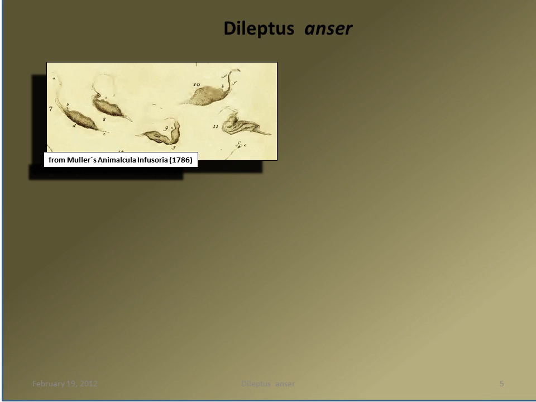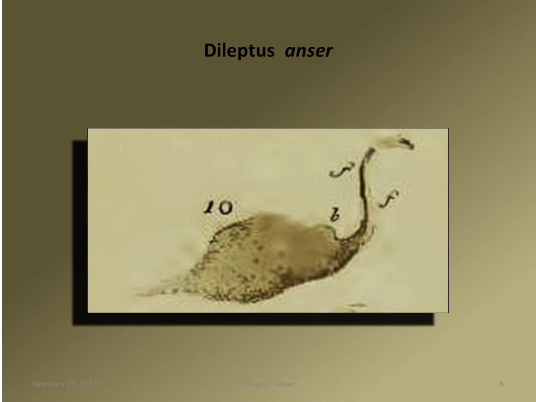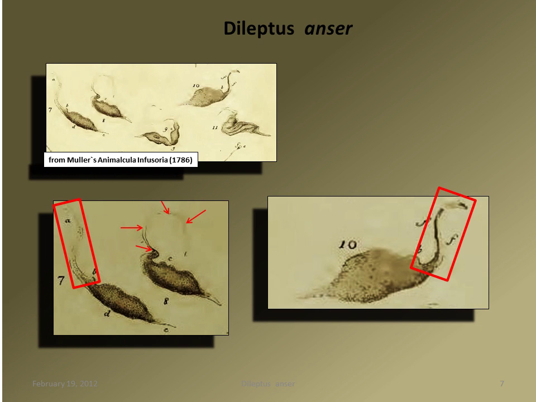Looking back at Müller's original diagrams, published in 1786, it seems unlikely that all 5 of the depicted organisms are Dileptus anser. In one instance, the body is disproportionately large, and in 3, the proboscis is remarkably long, narrow, and sometimes even twisted.